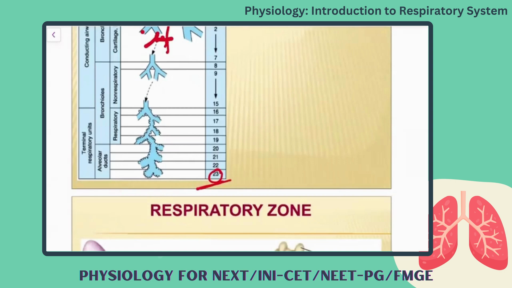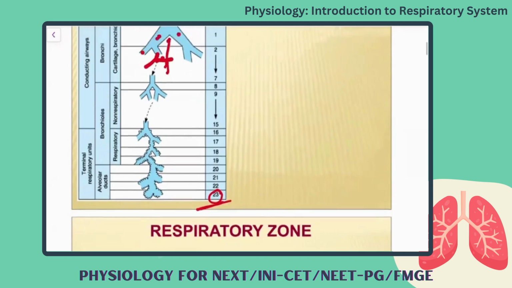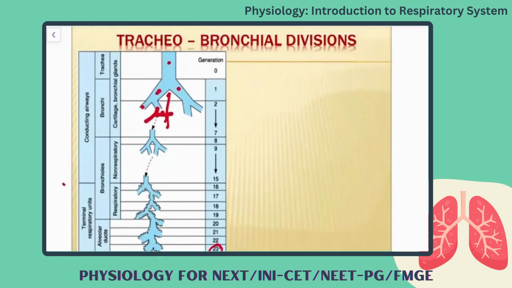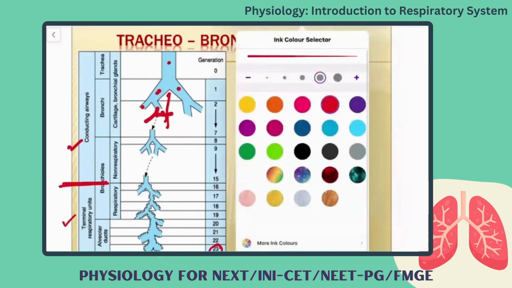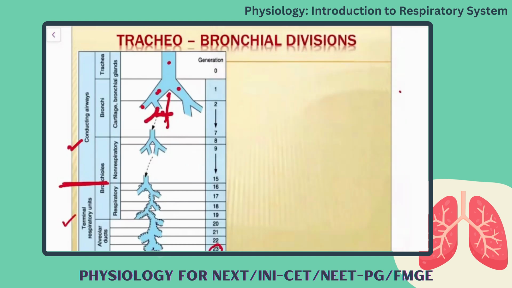During these 23 divisions of the bronchus, there is a specific differentiation that you term the conducting system and the respiratory system. Start from division 0 up to the 16th division.